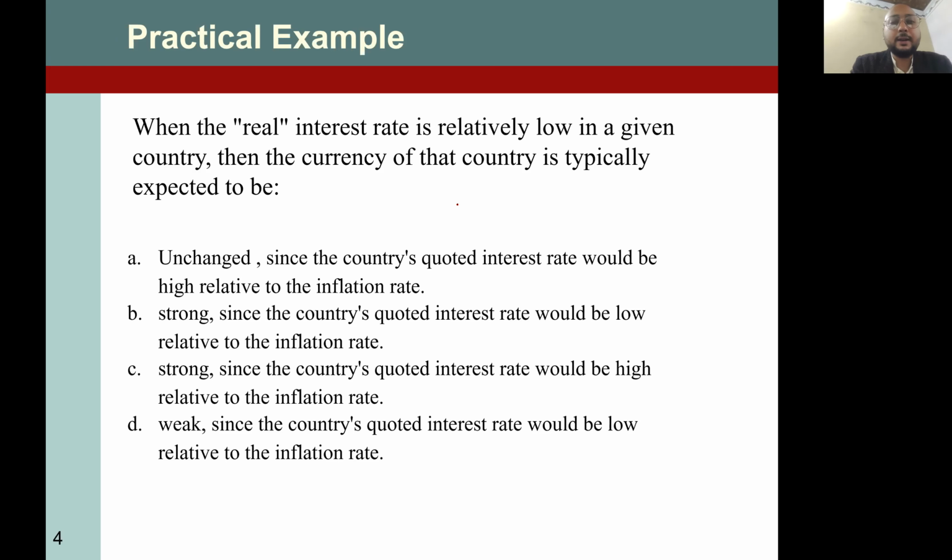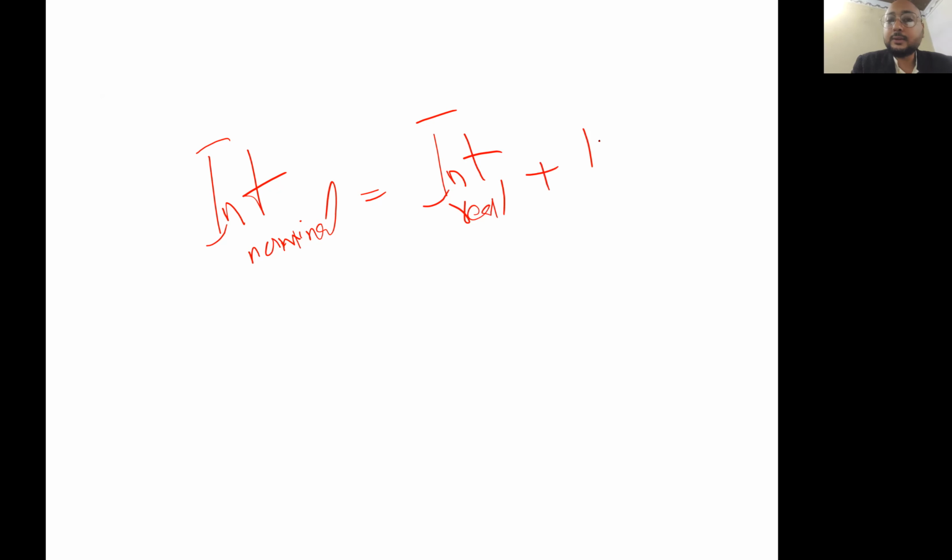So when the real interest rate is relatively low in a given country, then the currency of that country is typically expected to, so remember what we have discussed, the nominal interest rate is equal to the real interest rate plus the inflation component inside the interest.